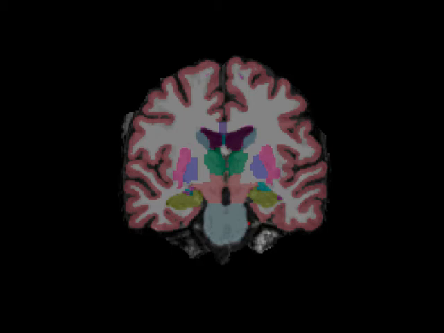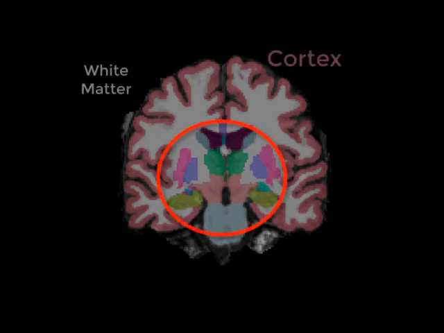And also, it's going to segment each of the different subcortical structures, like putamen, globus pallidus, thalamus. It's going to delineate those as accurately as possible. Okay, so the white matter in the cortex and in this red circle are all of the subcortical structures. And this output file is called aseg.mgz.